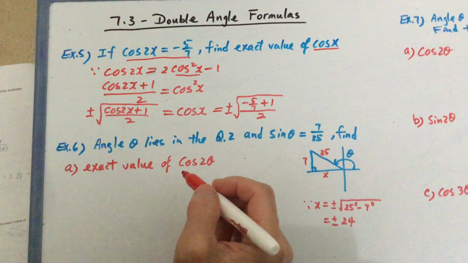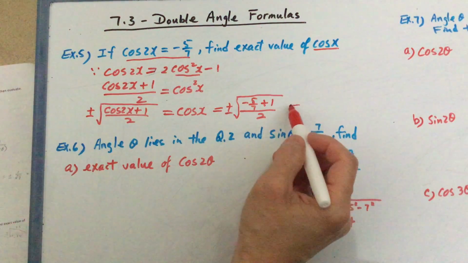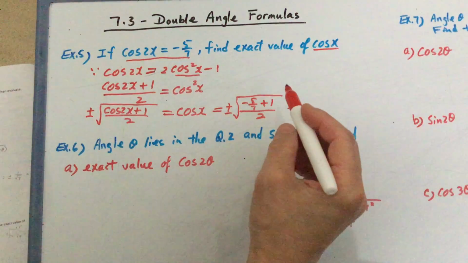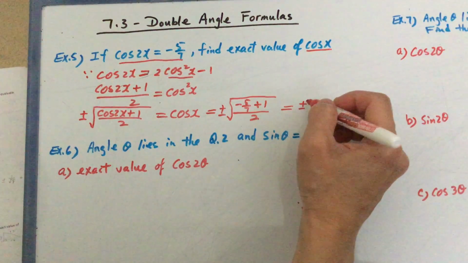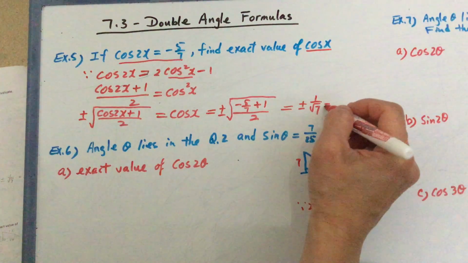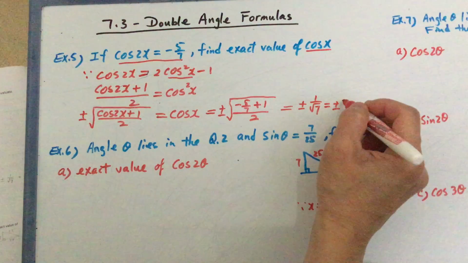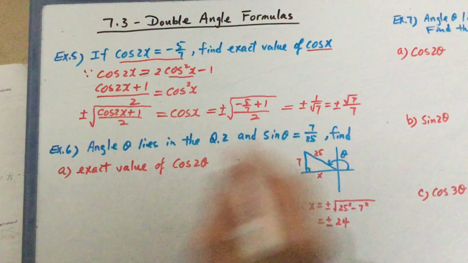Okay? And so this, if you work it out slowly, you will get a plus and a minus of 1 over root 7. But because we need to rationalize everything, this becomes plus and minus root 7 over 7.